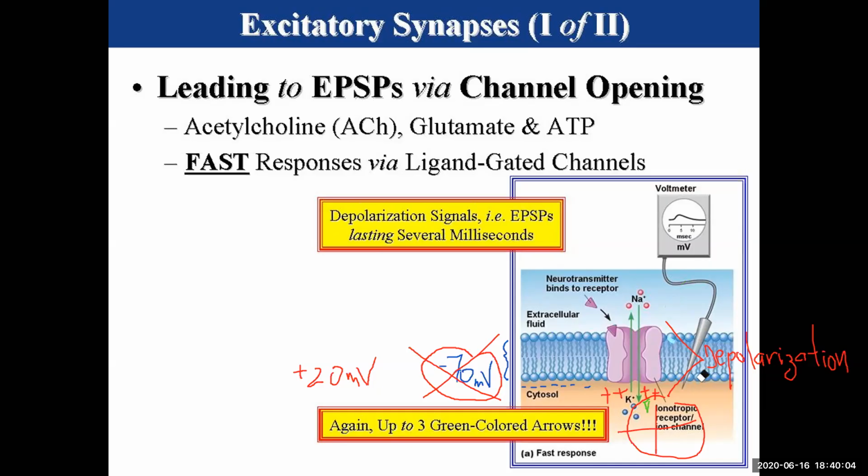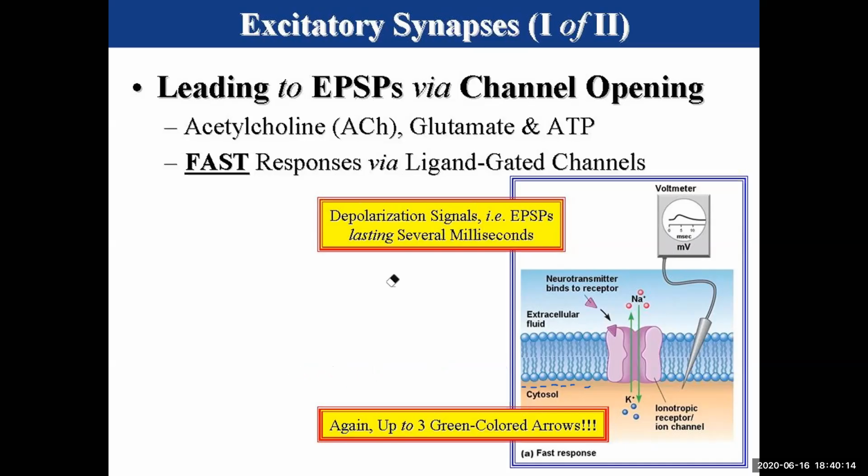So by directly opening an ion channel, you can depolarize the membrane. So this is one way, through direct channel opening. So fast response through ion channels.